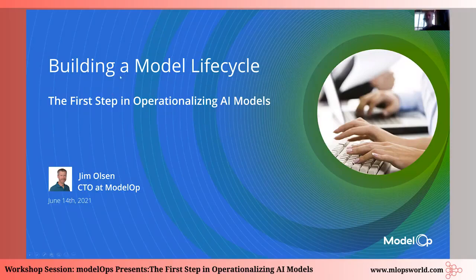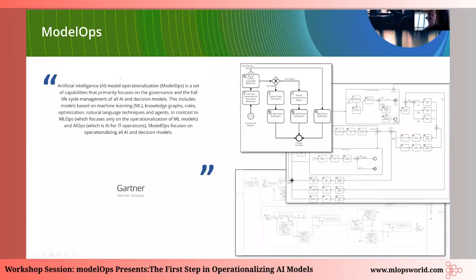There we go. So one of the key things we're looking at today is that this is ML World and MLOps, and you hear a lot about that. But ModelOps is a superset of the capabilities of MLOps. MLOps only applies to artificial intelligence and machine learning models initially, whereas ModelOps goes way beyond that.